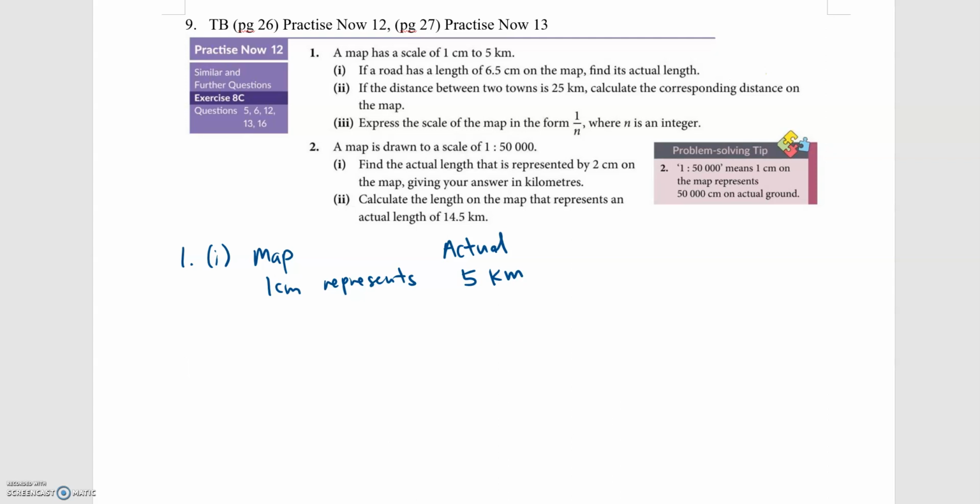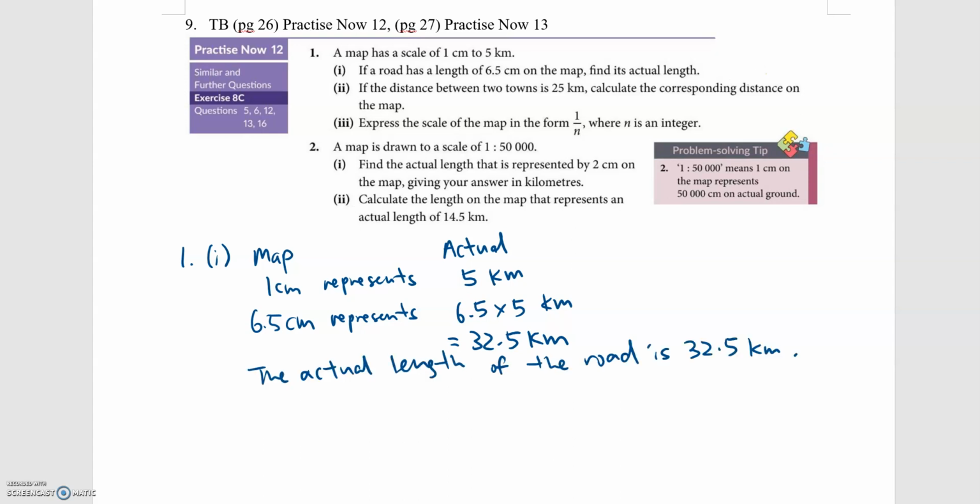So if now the road has a length of 6.5 cm on the map, it would represent 6.5 times 5 kilometers, which would give me 32.5 kilometers. So the actual length of the road is 32.5 kilometers.